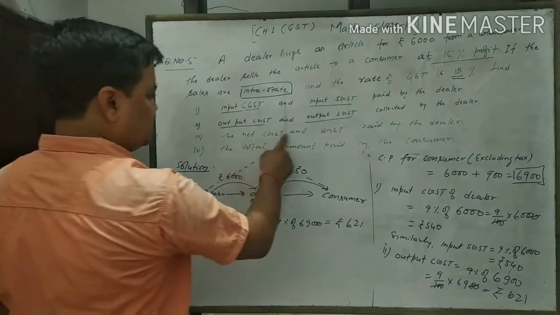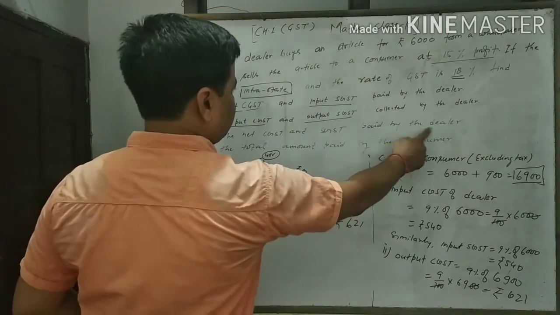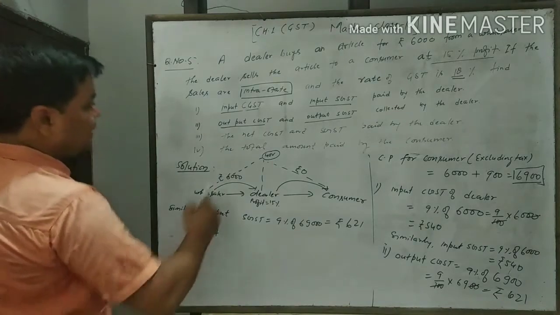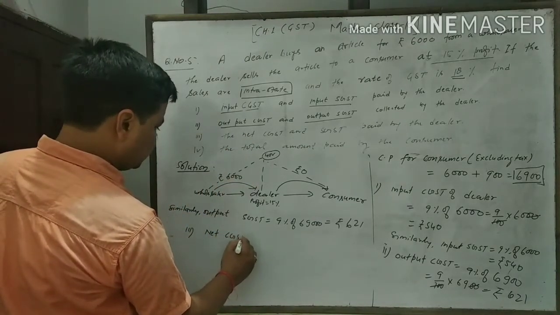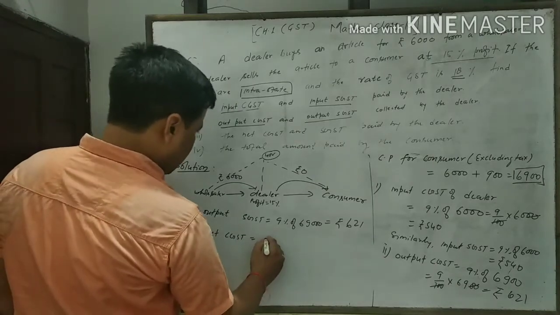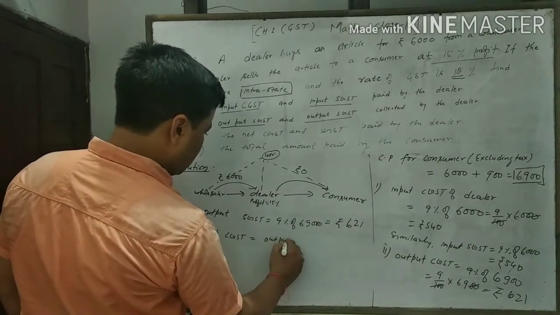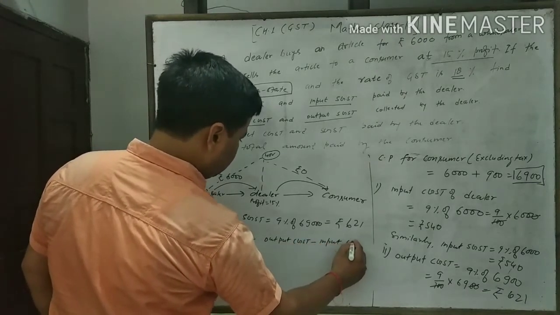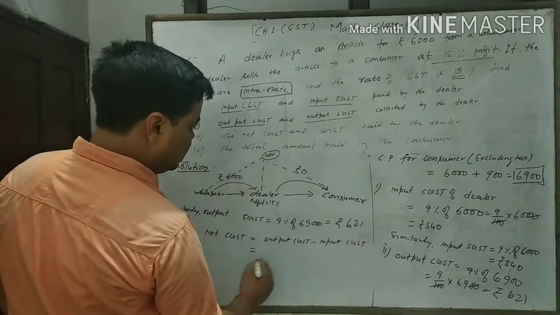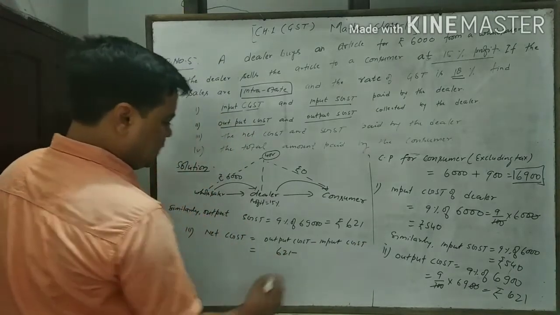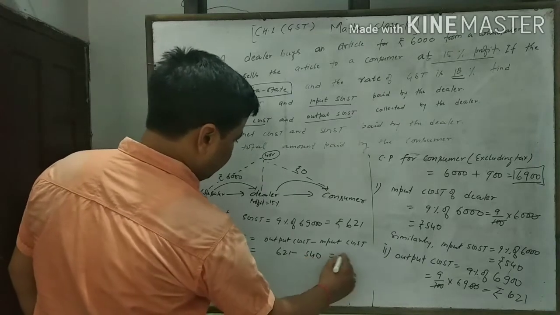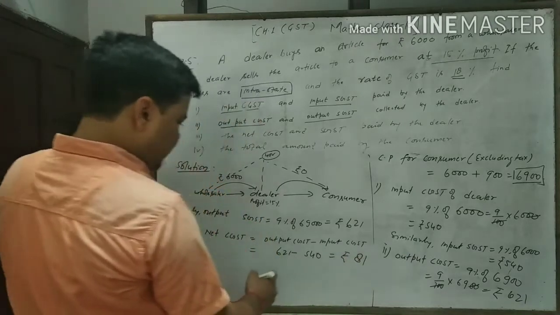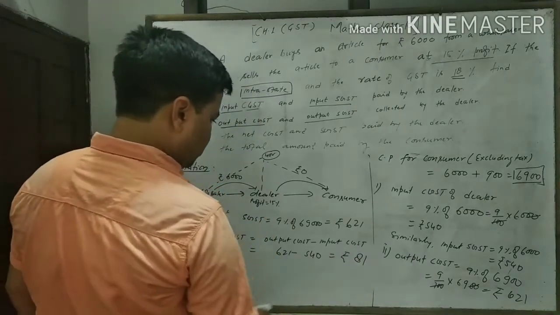Now the net CGST and SGST paid by the dealer. Here, third, net CGST is equal to output CGST minus input CGST, and that will be 621 minus 540, and it will be how much? Only 81 rupees.